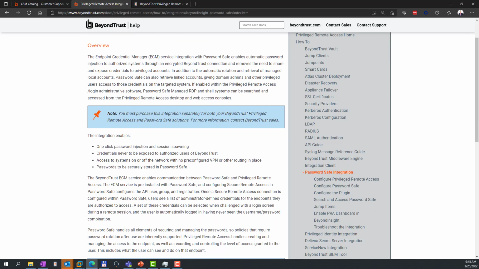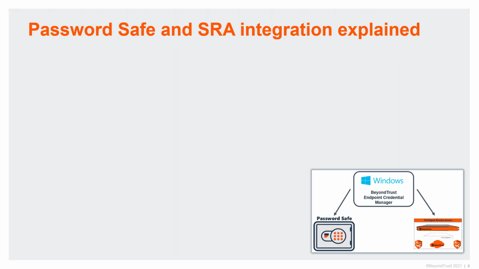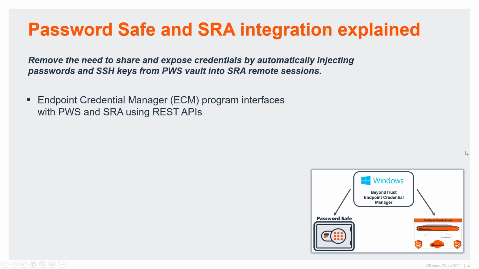Well, let's level set here, just looking at a couple slides before we get into some more details. The core of the integration is the endpoint credential manager. Ultimately, that's there to remove the need to share or expose credentials to your SRA users, your vendors, contractors by retrieving credentials from the PasswordSafe vault and then injecting them as part of the remote sessions.